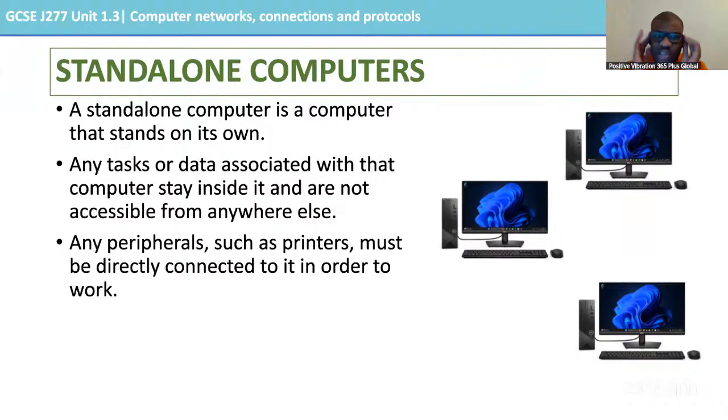So a standalone computer is a computer that stands on its own. Any task or data associated with that computer stays inside it and is not accessible from anywhere else. So if you stored your work at school on a standalone computer, when you go home, there's no way for you to access that work because it is not connected to any network. Cool.